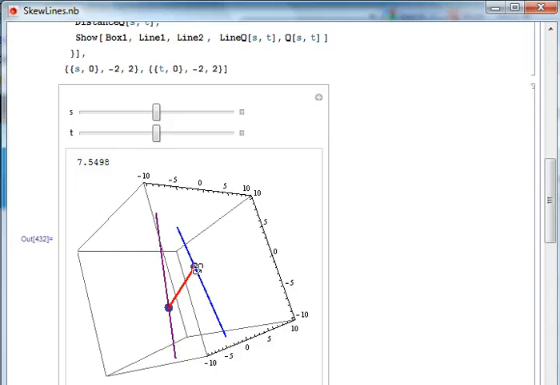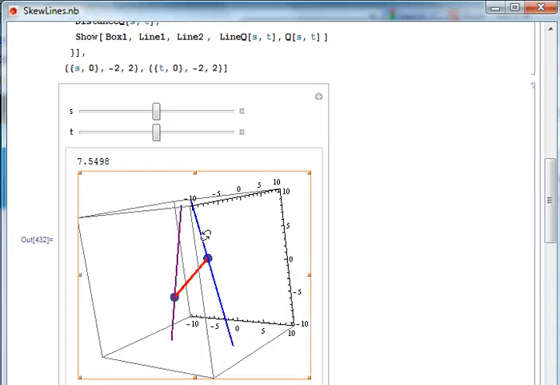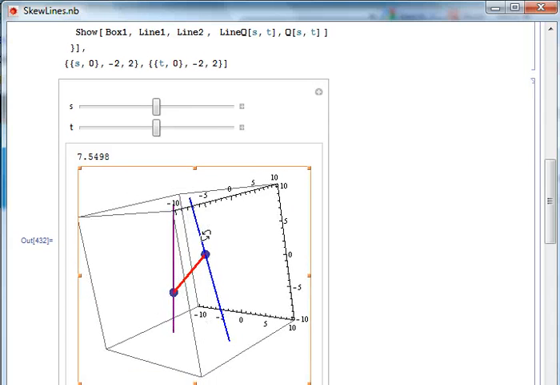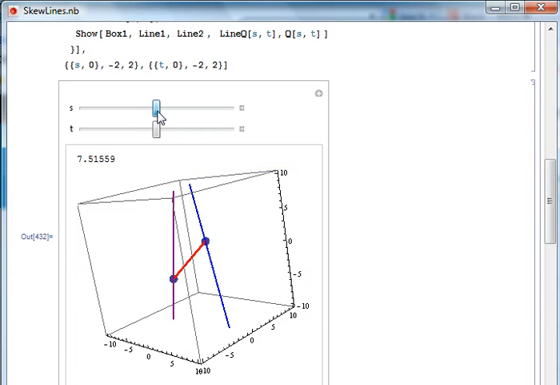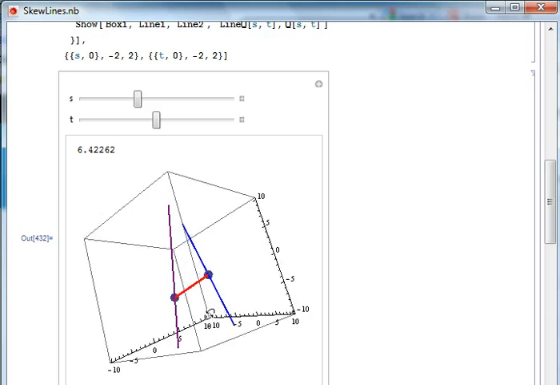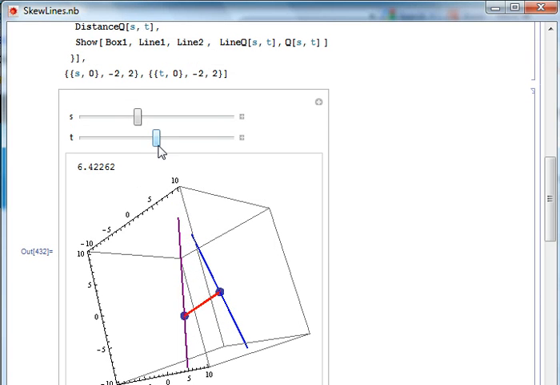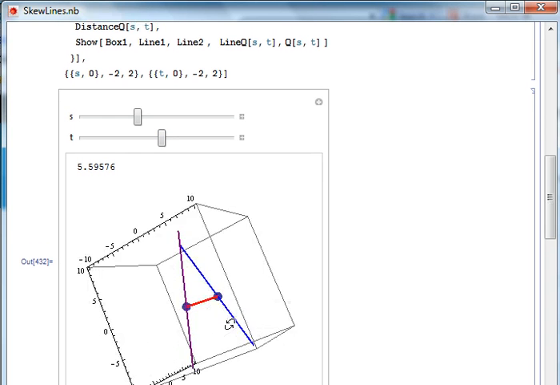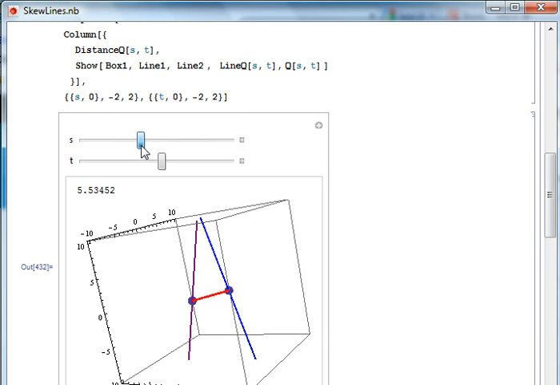Because if this point here is not at 90 degrees with the blue line, like you see right now, then you can always move it toward where it forms a 90 degree angle. So then you can make this red segment shorter than before. Even this one that's definitely not forming a 90 degree angle, you can move it so that it's 90 degrees, and then that might have messed up the other points, so you do this adjusting again.